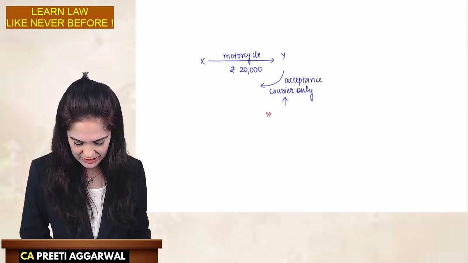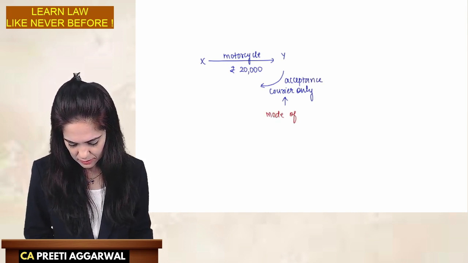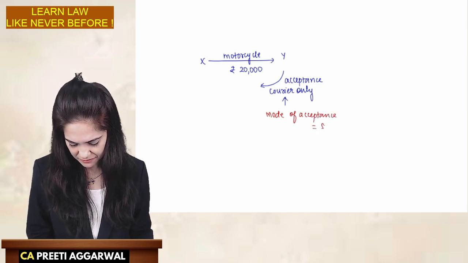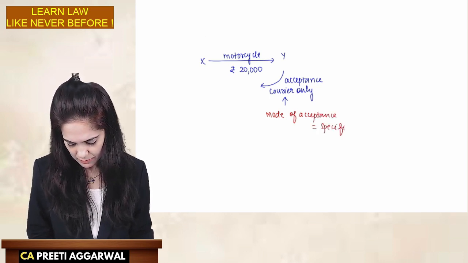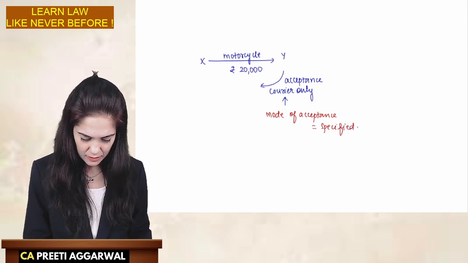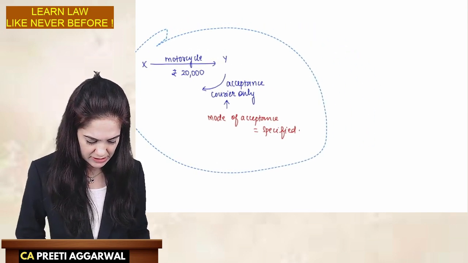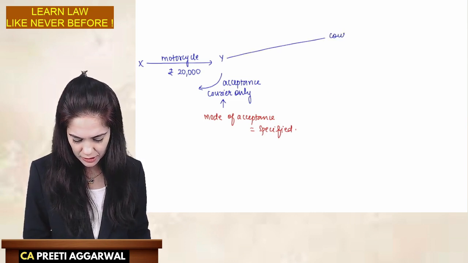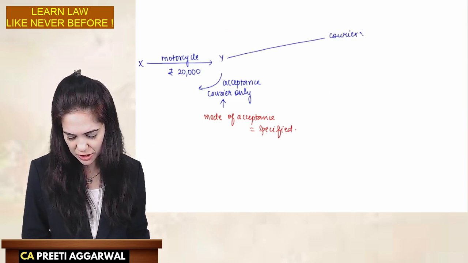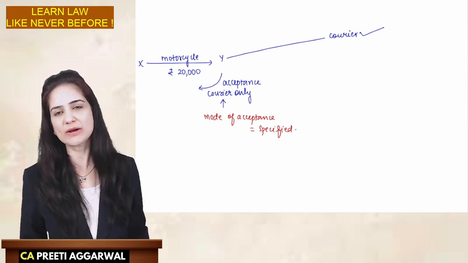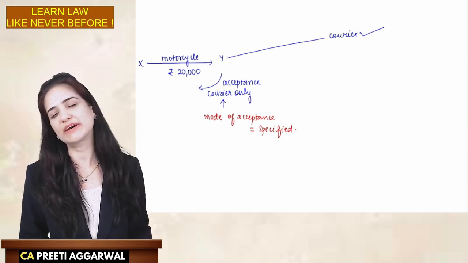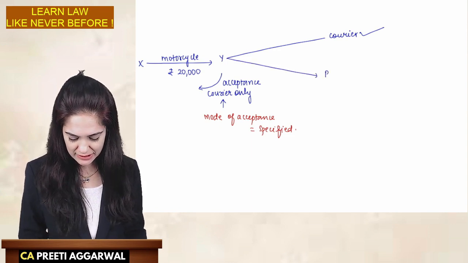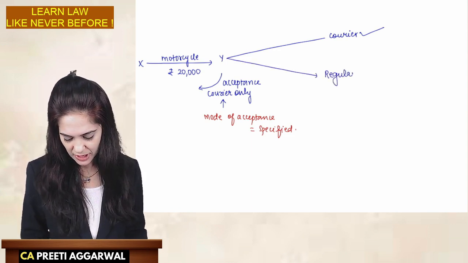So the mode of acceptance is specified. Now, let's say Y sends it by courier. Very good, happy situation. We wanted your acceptance by courier and you sent it by courier only. Problem arises when Y sends regular post.